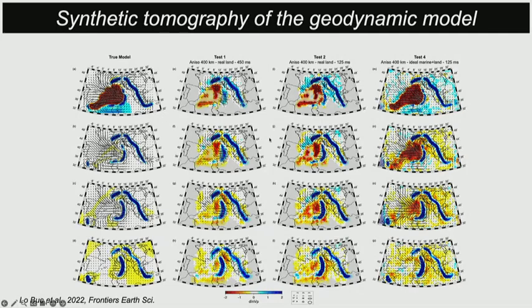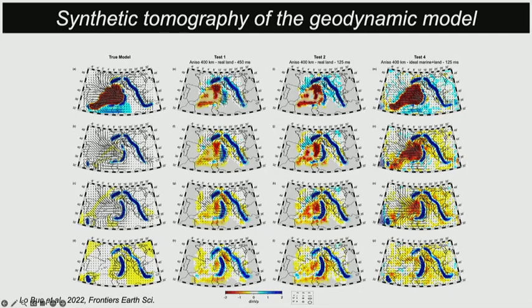And you can see that the shape of the fast anomalies can be retrieved, and also part of the seismic anisotropy field. This is when we assume that we have a bit better data set with less noise, and there is a slight improvement.